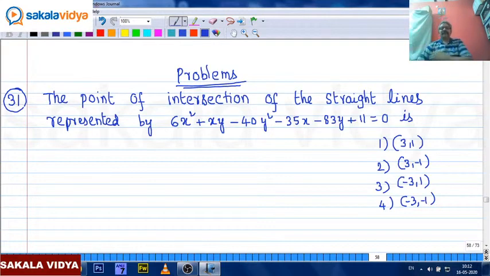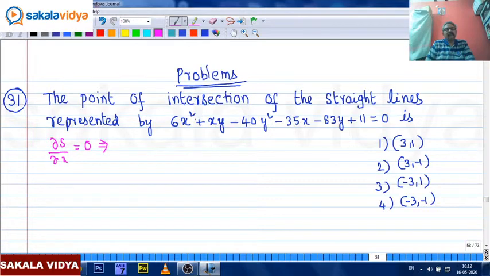The point of intersection of the straight lines represented by 6x square plus xy minus 40y square minus 35x minus 83y plus 11 is equal to 0 is. So we need to find the point of intersection now. First let us find dou s by dou x equals 0.